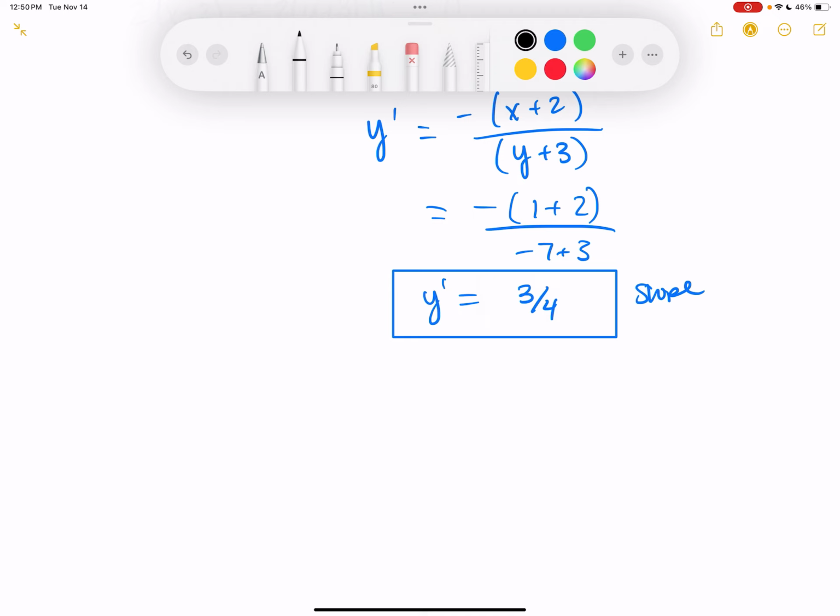Okay, 14 says to find where the slope of the curve is defined, so anything that causes a problem we can't have. So x is equal to the cosine of y.